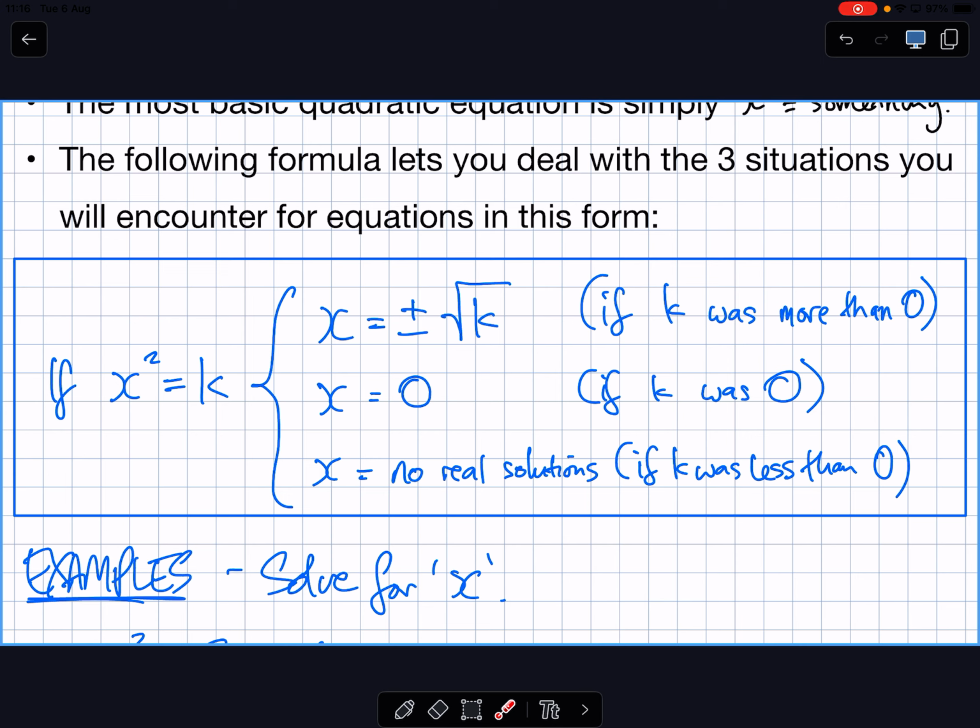And this weird one here is probably only going to affect 3 or 4 of you in this class, if you do methods or spec: you would write x is equal to no real solutions if your number k was less than 0. Have this on your cheat sheet, and then I'll demonstrate how to use this little formula flowchart.